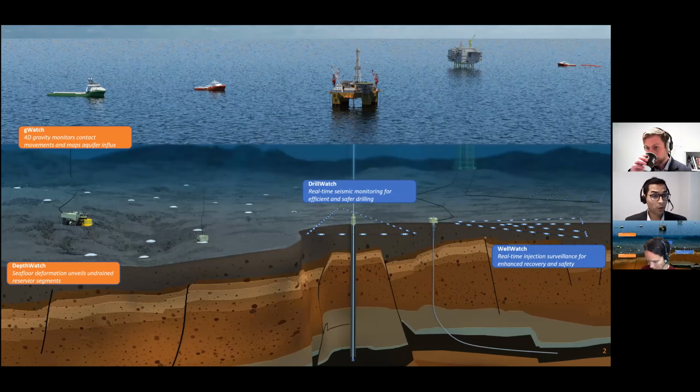On the right-hand side, we have the Octio business unit with two key product offerings. GWatch, which provides long-term microseismic passive monitoring for improving the injection rates, as well as our latest offering, Depthwatch, which is active seismic monitoring using drill bit as a source, both for drill bit positioning as well as look-ahead imaging.